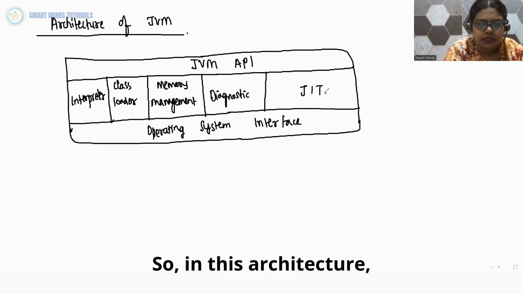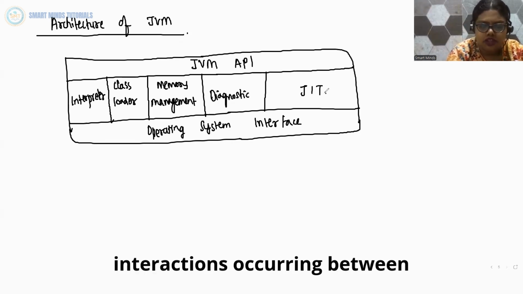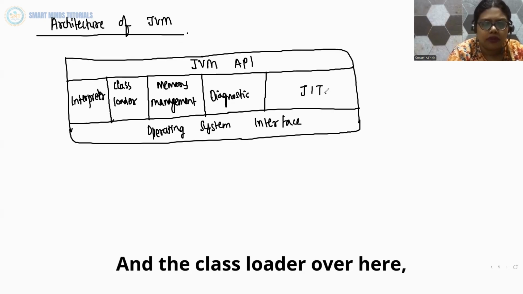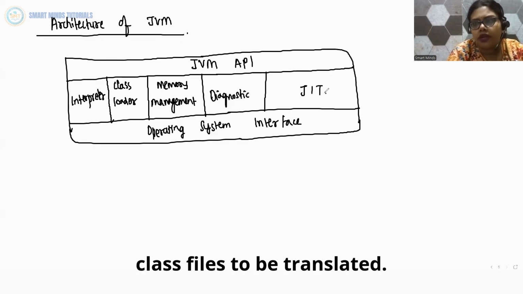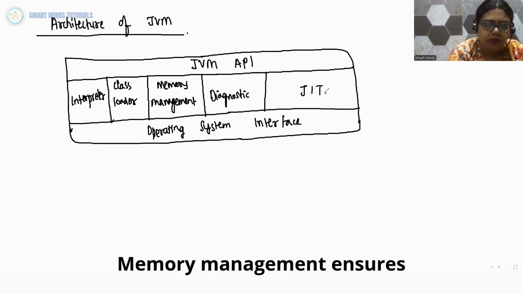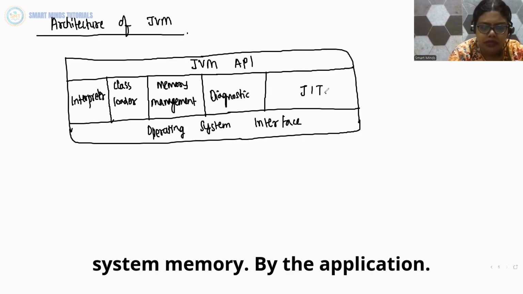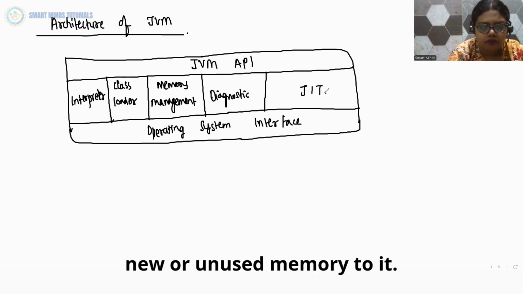In this architecture, the Java API encapsulates the interactions occurring between the JVM and external programs. The class loader loads all the Java class files to be translated. Memory management ensures efficient usage of system memory by the application. Whenever a program requires memory, it allocates some part of new or unused memory to it.